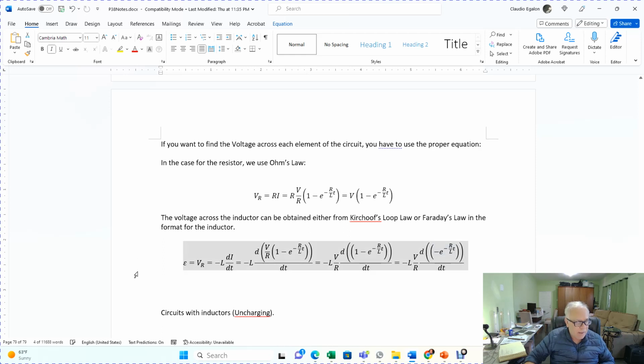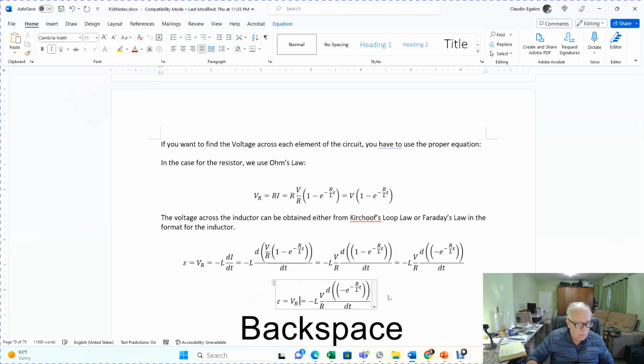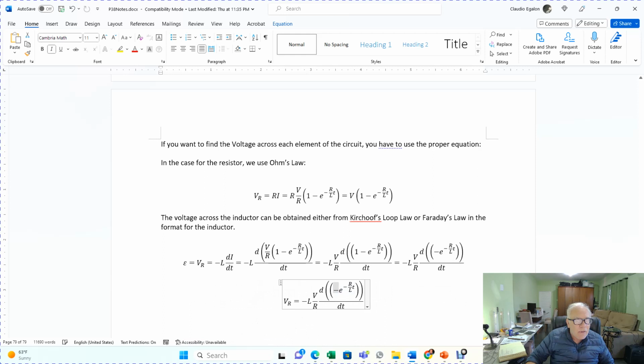Let's go to the next line. This negative sign goes outside and it cancels this other one. We are left with this derivative.